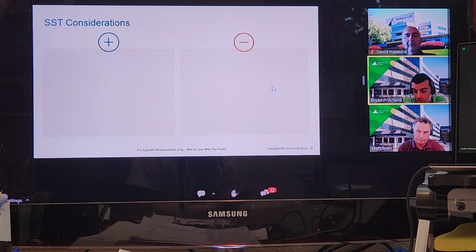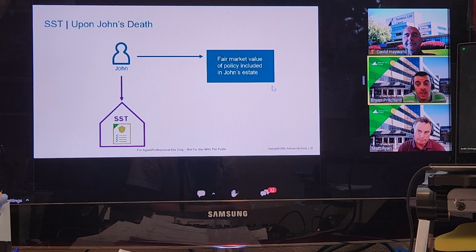And as John owned the policy when he died, the fair market value is going to be included in his gross estate, but he can avoid estate tax by using a portion of his federal estate tax exemption. So in this case, our death benefit was significantly lower than the exemption, which means that upon Mary's later death, when Mary passes away, the proceeds will be paid to the trust and distributed according to the terms of the trust as we laid it out.